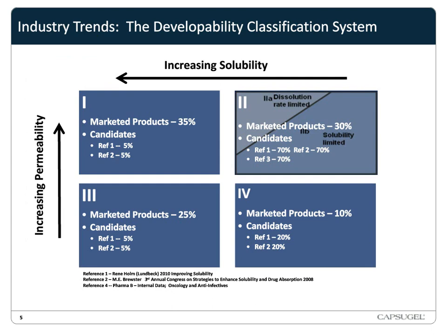So this slide shows some industry trends, and this is probably something that a lot of you have seen before. This is the DCS classification system, or Developability Classification System. And really what we're looking at is solubility on the x-axis and permeability on the y-axis. There's a trend in the industry that a lot of new chemical entities fall in the DCS class 2 category of low bioavailability.